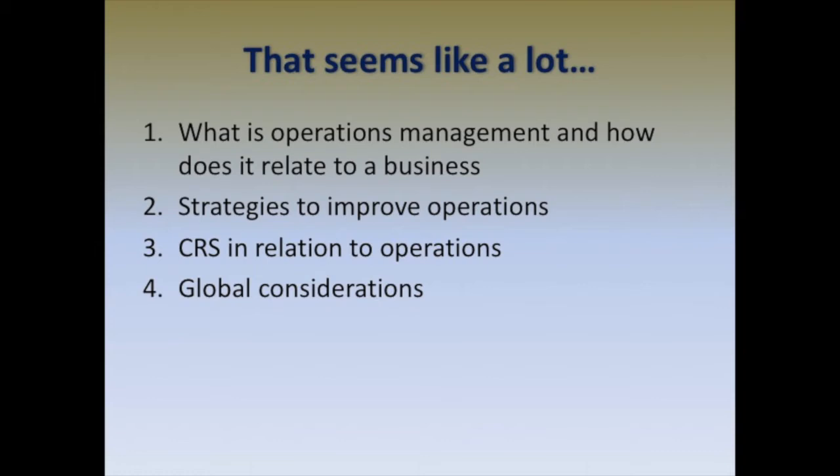Corporate social responsibility, that should say CSR, not CRS. Corporate social responsibility in relation to operations. So how do we take into consideration as a business our social responsibility obligations? And then global considerations. So really, there's 4 main areas that you need to think about and know for this particular area of study.